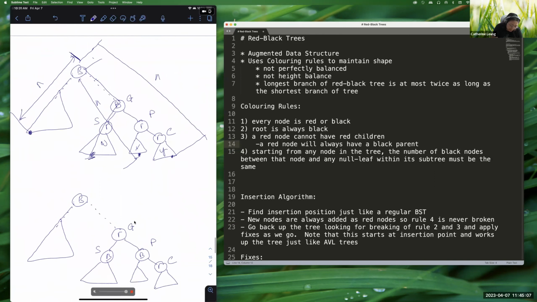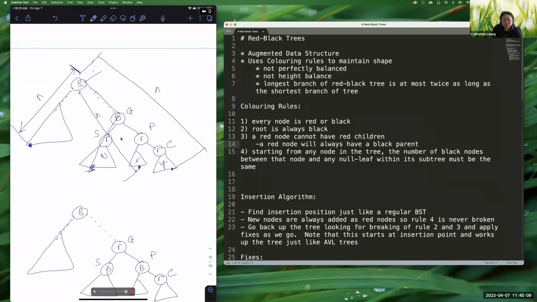Now, in this case, because the sibling was red, what I did was a color swap. So I exchanged, and the grandparent became red and the sibling and parent became black. So if I count how many black nodes there are from here into this, I counted 2 and then the rest of the tree. And over to X as well, I counted 2 and then the rest of the tree.